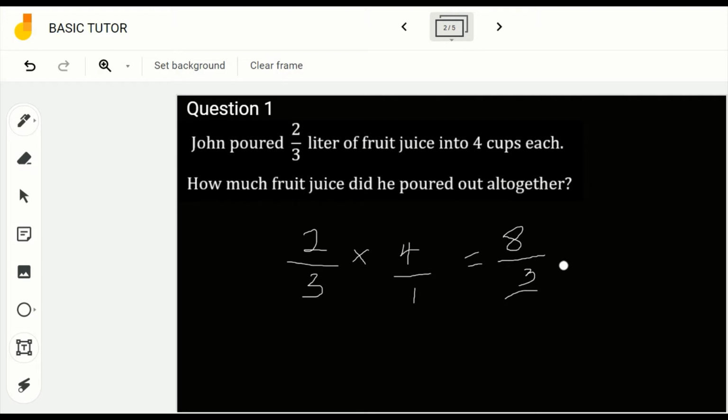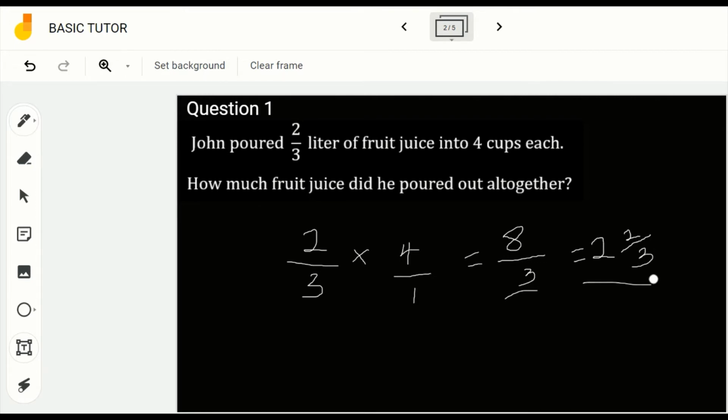Again, we cannot leave our answer as an improper fraction. We have to convert to a mixed fraction. So how do I do that? 3 into 8 is 2, remainder 2, so it's 2 whole number, remainder 2 over the 3.